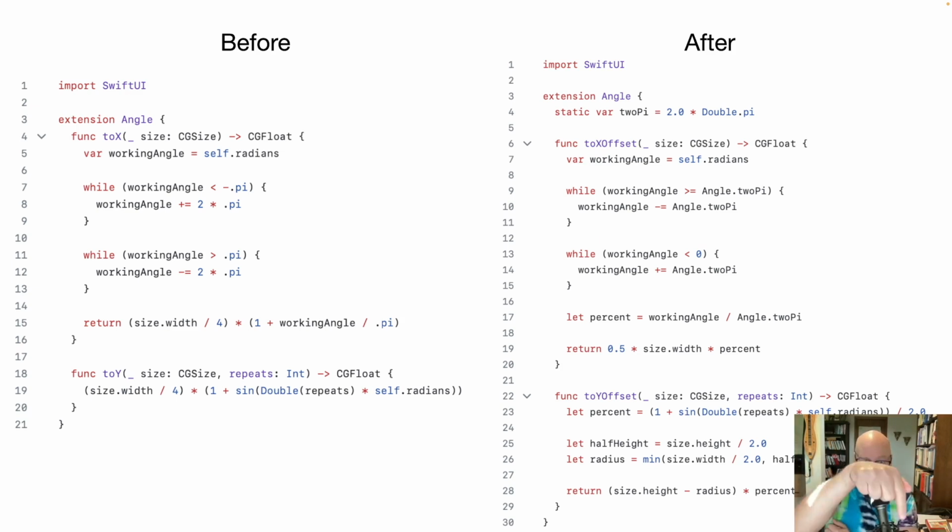So we were starting a quarter of the way across and trying to get up to the right distance horizontally. The working angle is 0 to 2 pi, divided by pi is 0 to 2, so 1 plus that is 1 to 3, and 1 to 3/4 plus the original quarter.